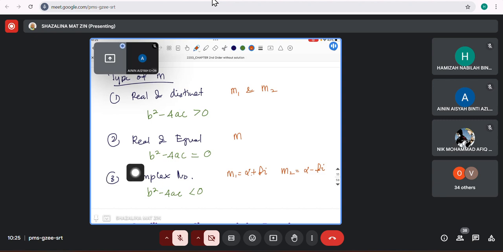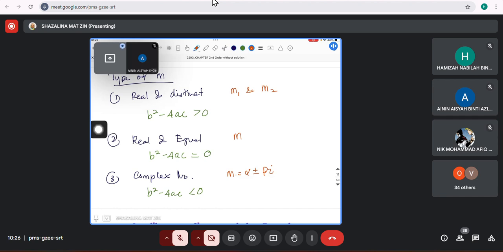We combine both, because this is alpha and beta i, and this is also alpha and beta i, making it alpha plus or minus beta i.